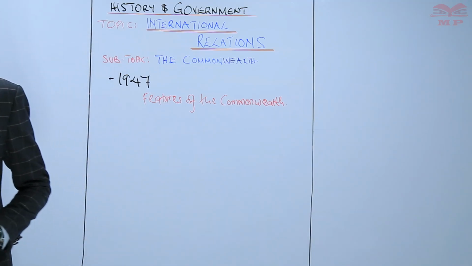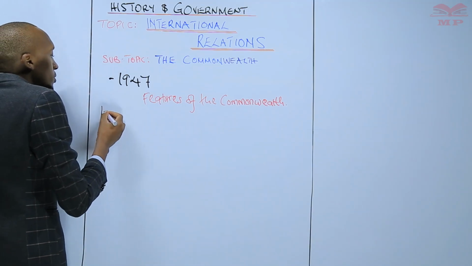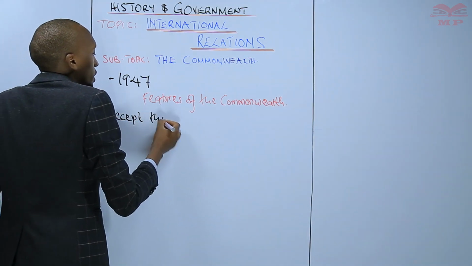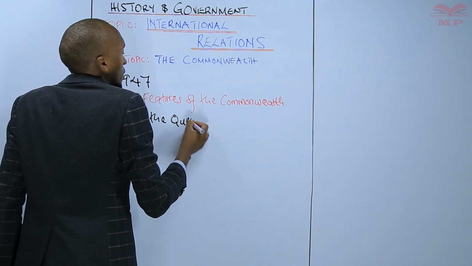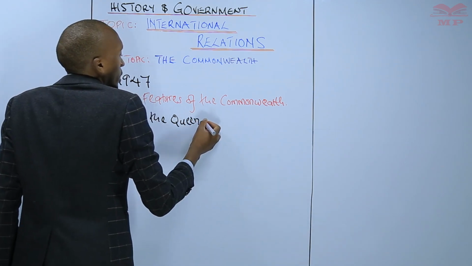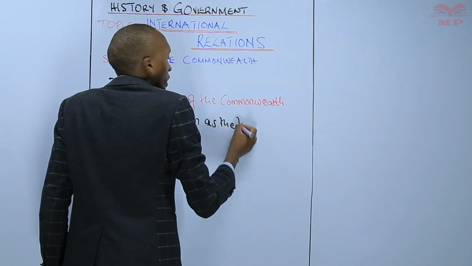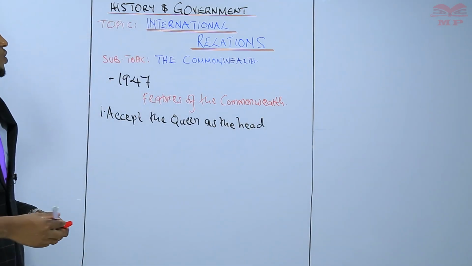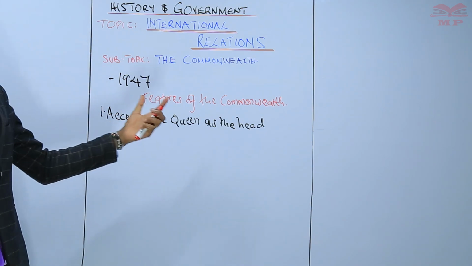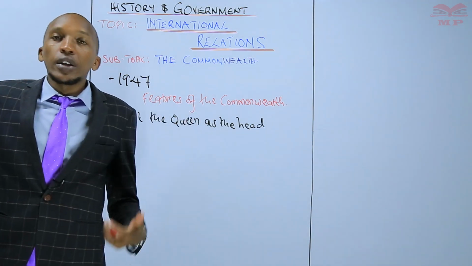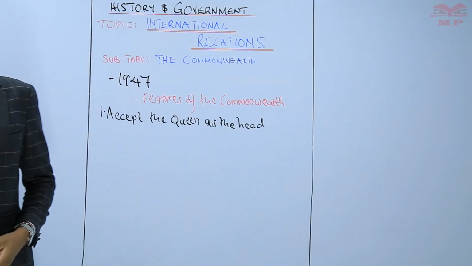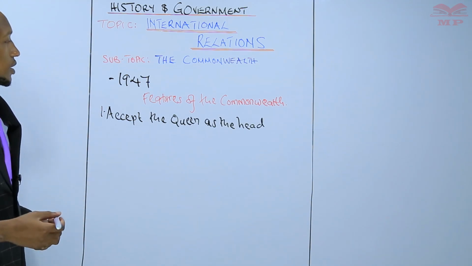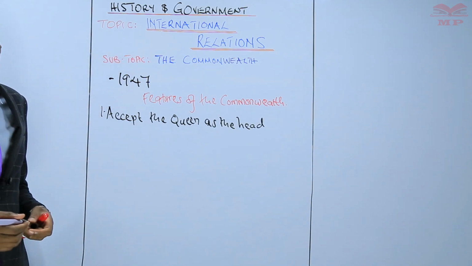So the first characteristic is that they accept the Queen as the head of the organization. All the members of this Commonwealth accept the Queen as the head of the organization. That is the first characteristic. So the Queen is the overall head of this organization.